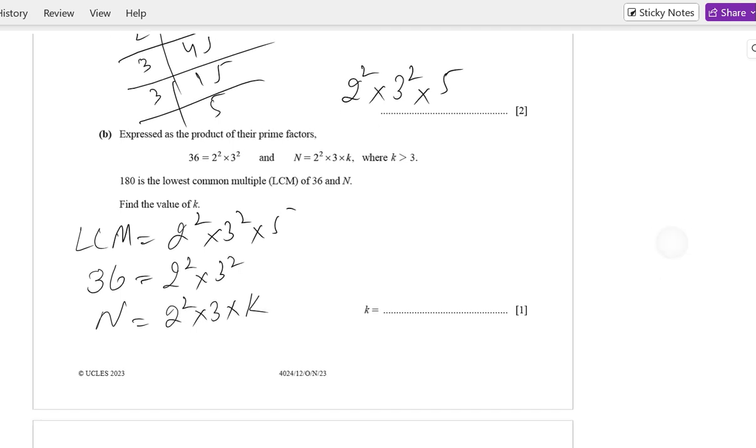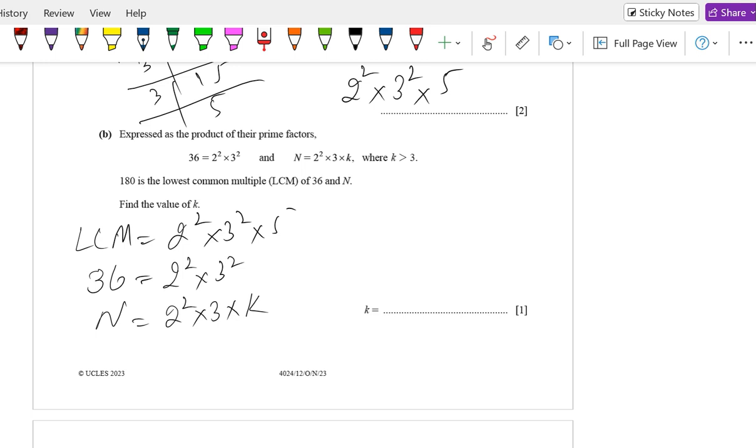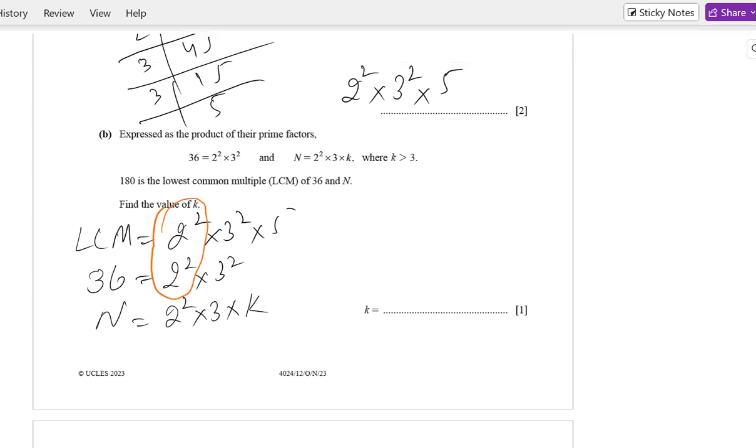And we know very well that LCM is 180. So for the LCM, we need to have all bases and largest powers. So we can see we have 2 power 2 common in all of them, and we have 3 power 2 from here. So definitely I'm missing the 5.